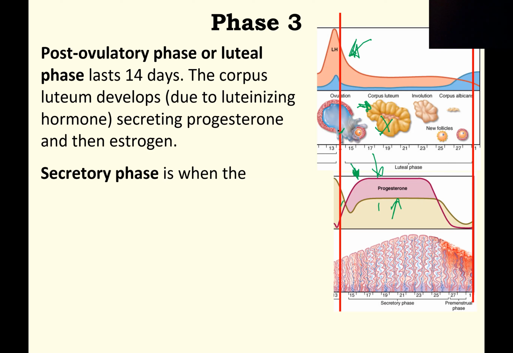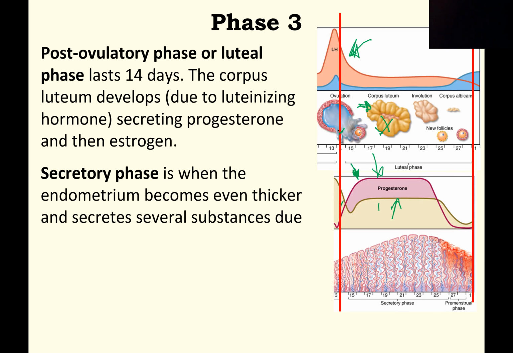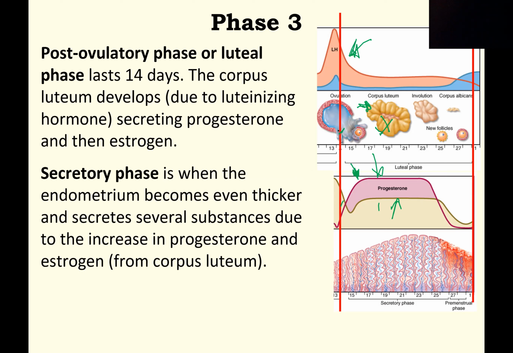The secretory phase is what we call the phase in the uterus. It's when the endometrium becomes even thicker and begins secreting various substances. So it goes from this height up to there.